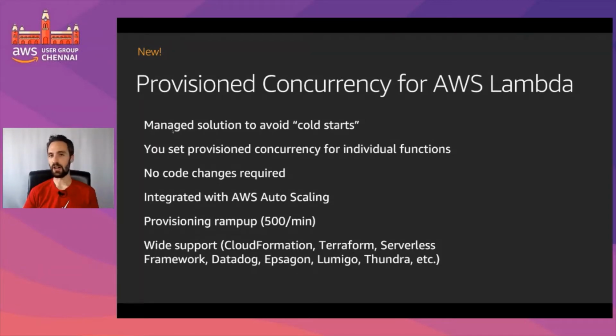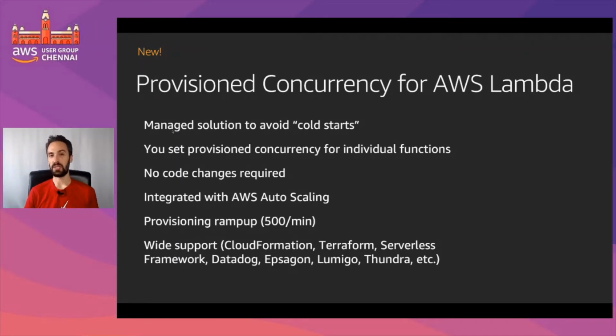And that was a pretty tough problem to solve if you wanted to pre-warm a lot of Lambda runtimes. Let's say you had a predictable peak from 0 to 1,000 concurrent invocations. So what you can do now is use provisioned concurrency and say, hey, I will need 1,000 warm runtimes at 8 p.m. So maybe at 7 p.m., you'll start provisioning, because there is a ramp-up time of about 500 per minute.